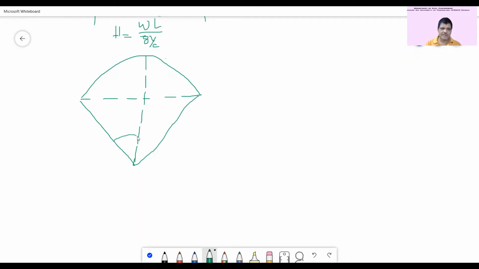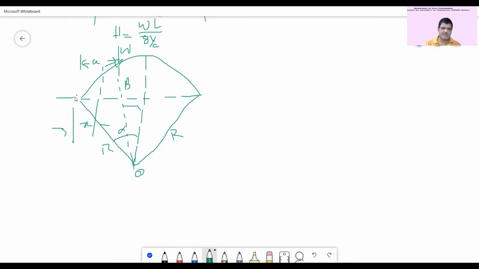Now this angle was taken as alpha. And if the load is here at a distance a, and the load is W, this W makes an angle beta with the center O, and these are the radius R. Then you are considering a section at X, at a distance x from this support.